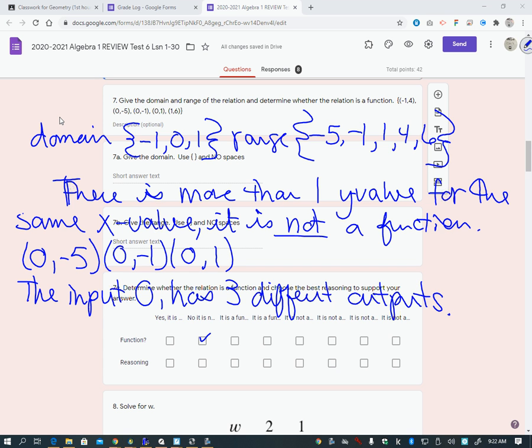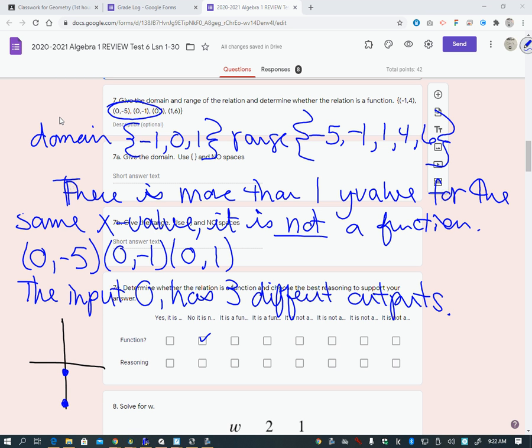And graphically we would see this if we went to plot those 3 points, right? They all have an x value of 0, but then I plot those y values. What am I creating? Let's think about this. There's an xy coordinate plane. 0, -5 is going to be somewhere down here. 0, -1 is going to be about there.